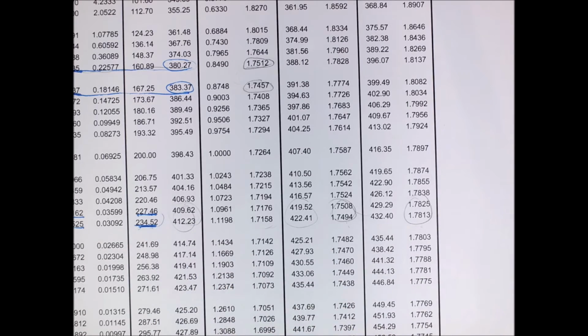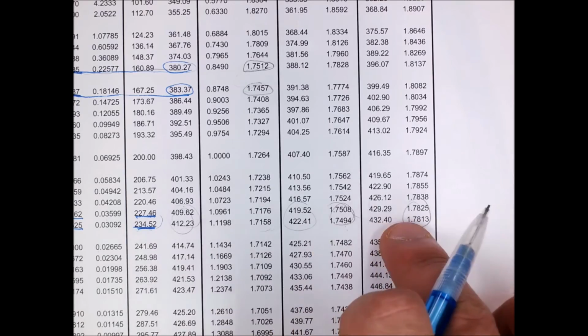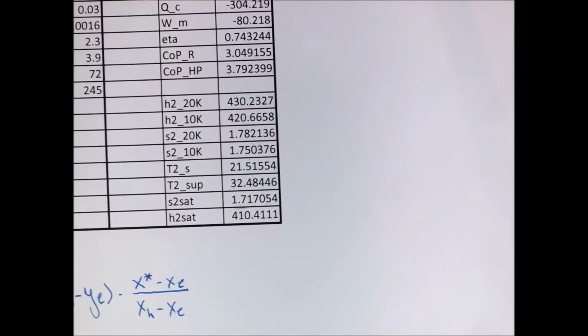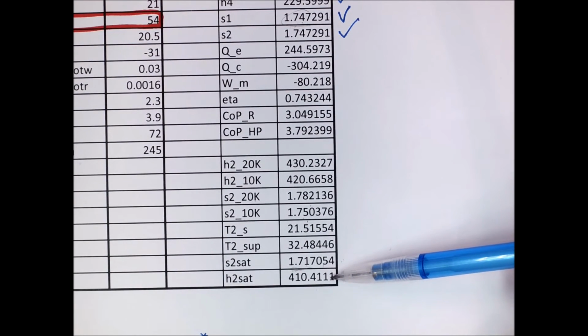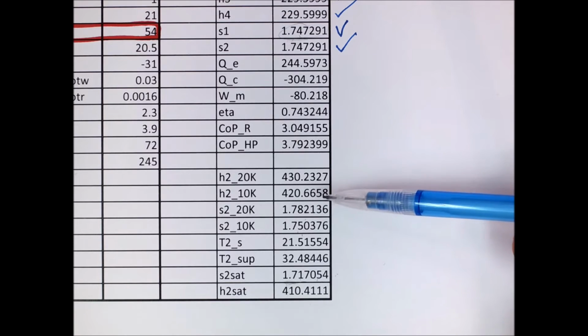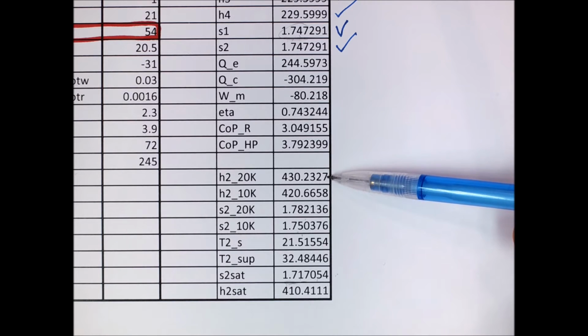That gives us three values of enthalpy, and I have written these down as well. From the three regions we obtain the saturated enthalpy at H2, the enthalpy at H2 when the gas is superheated by 10 Kelvin, and when superheated by 20 Kelvin, which also bears an enthalpy value.